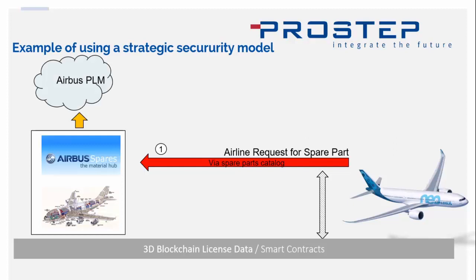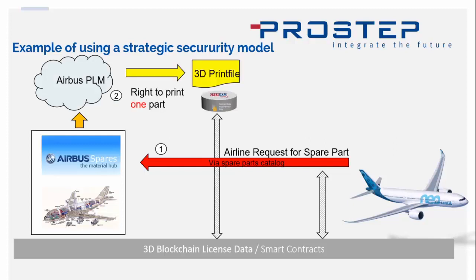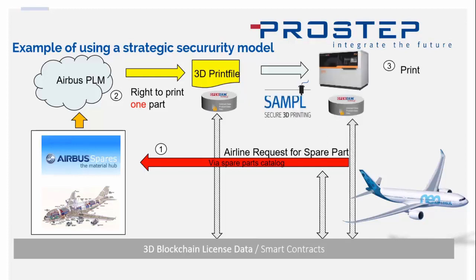Airbus would then verify that they are an authorized supplier or consumer of this particular part, and give authorization to actually print the part. This part may be printed by a third party for all we know, but that's okay because they're all involved within this communication channel within blockchain that provides you this production of the SAMPLE part.